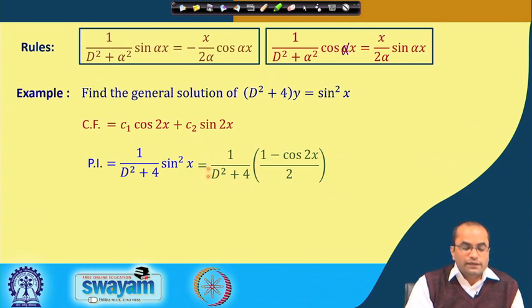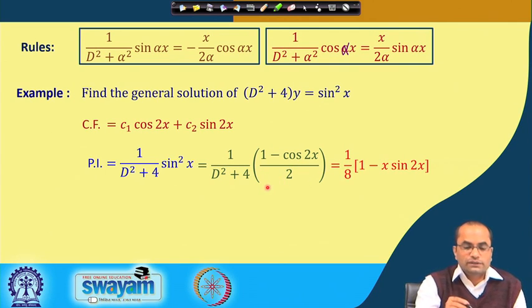Now we can apply this operator on 1 minus cos 2x. So, 1 over 2 as a constant we can take out.